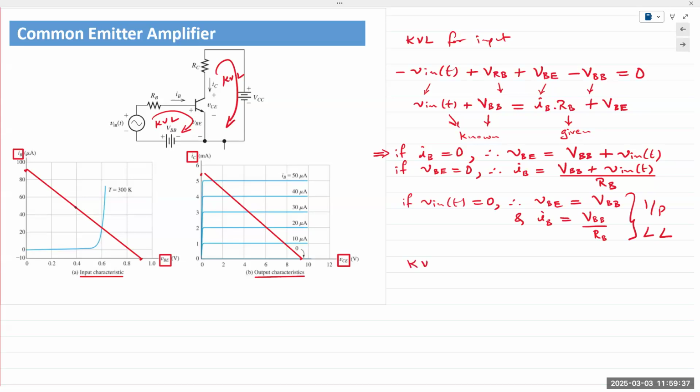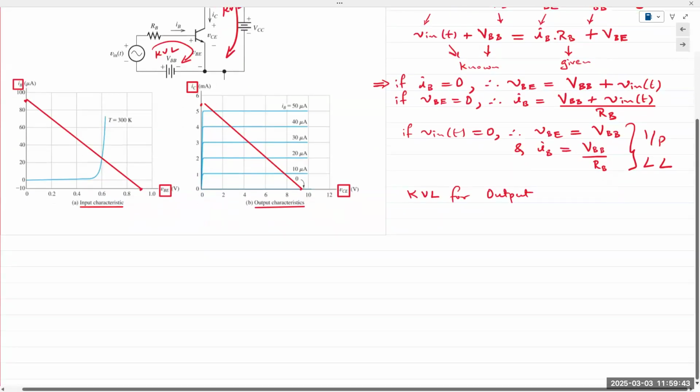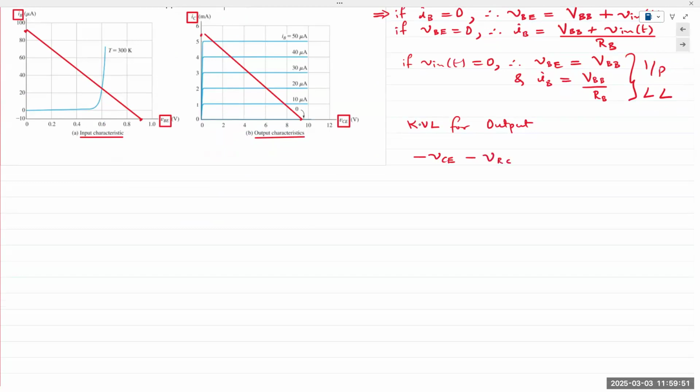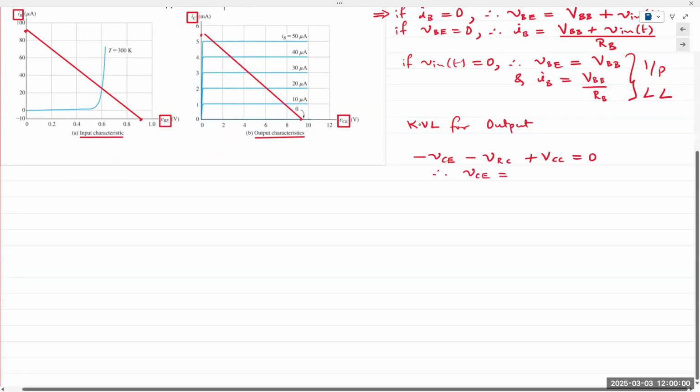KVL on the output side: minus VCE minus VRC plus VCC is equal to 0. Therefore, VCE is equal to VCC minus IC RC.